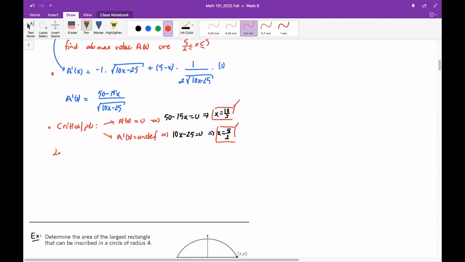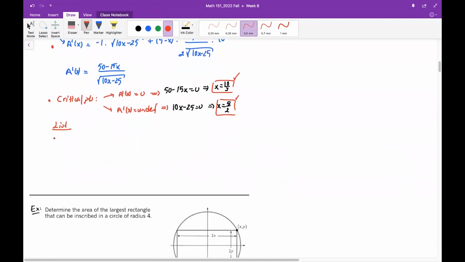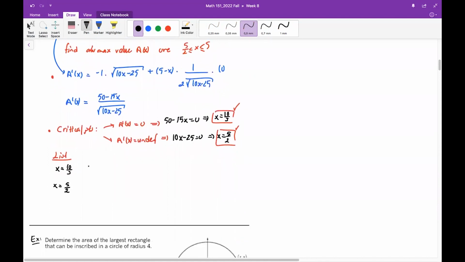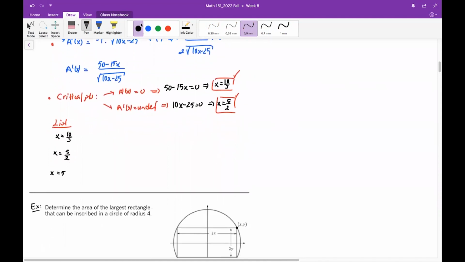Okay, now we are creating our list of special points. So x is 10/3, x is 5/2. And now the endpoints, x is 5. These two are coming from the critical points, and this comes from the endpoints of your interval.